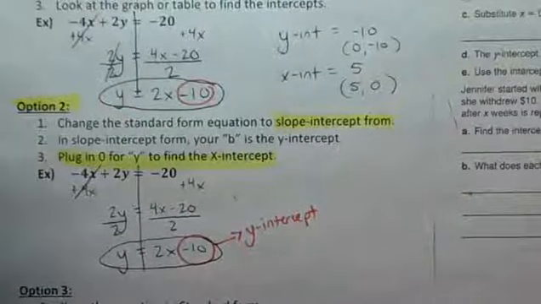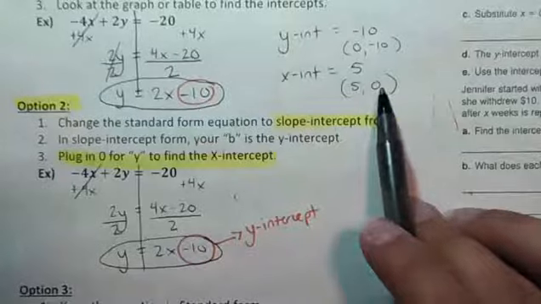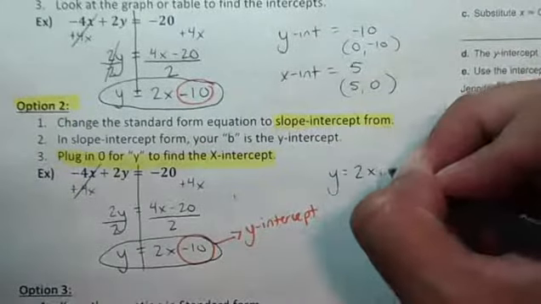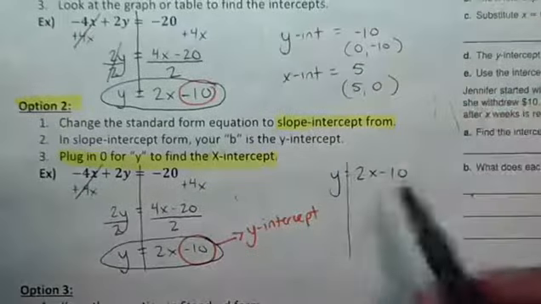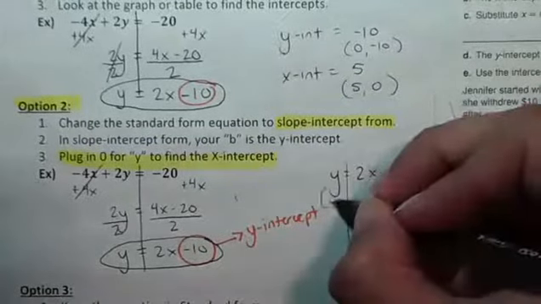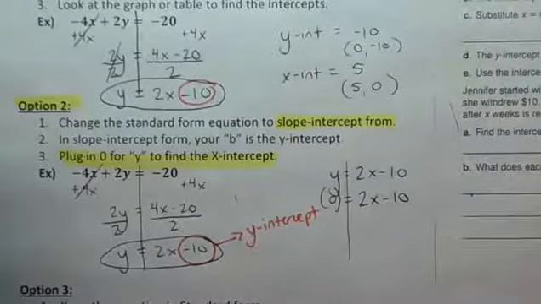And now to figure out the x-intercept, again, the x-intercept always has a y value of 0. So in my equation where I have y is equal to 2x minus 10, if I want the x-intercept, we're going to plug in 0 for y. So I'm going to plug in 0 there, and I'm going to solve for x. So what would be my first step here to get x by itself?